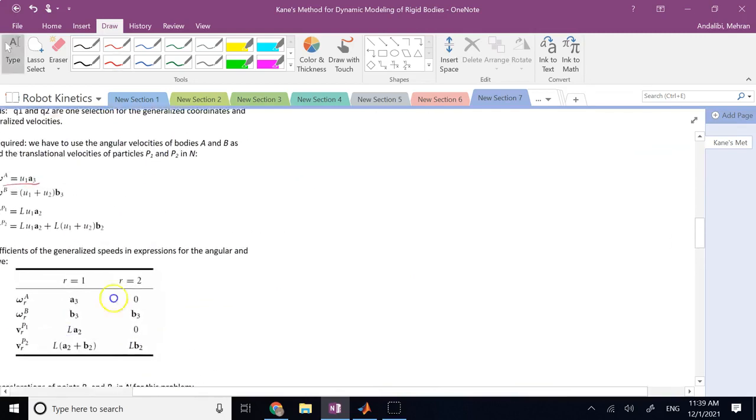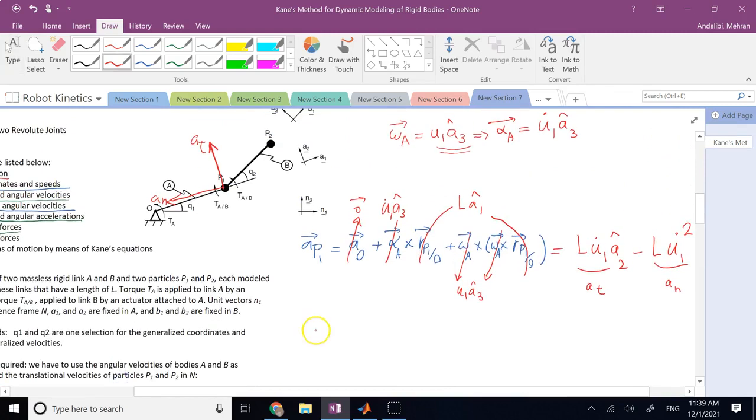And then for A of P2, we repeat the exact same thing, right? A of P2 is equal to A of P1 plus alpha of member B cross R of P2 with respect to P1, and then plus omega of member B cross omega of member B cross R of P2 with respect to P1.